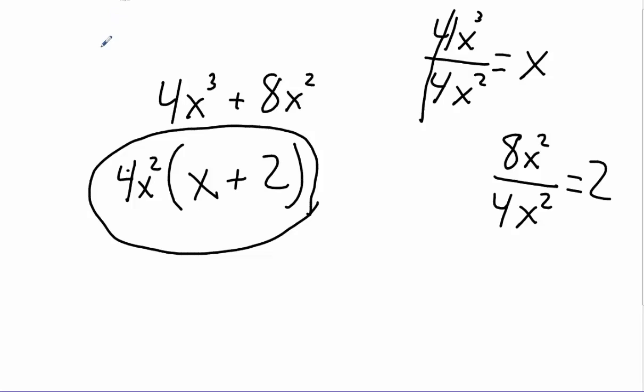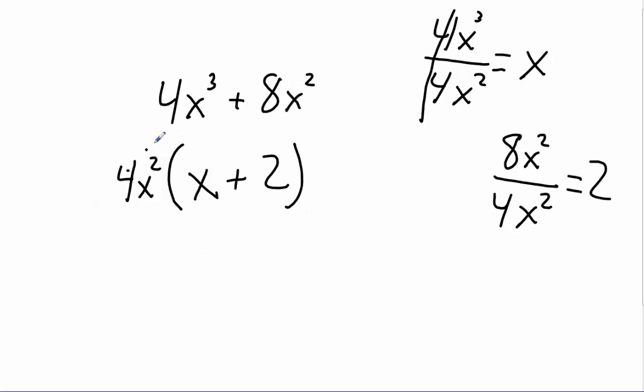And the reason why I said it's basically the opposite of distributing, because say we want to go back and distribute this 4x squared back into our parentheses. 4x squared times x would give us 4x to the third. And then 4x squared times a positive 2 is just 8x squared, which brings us back to what our original problem was.